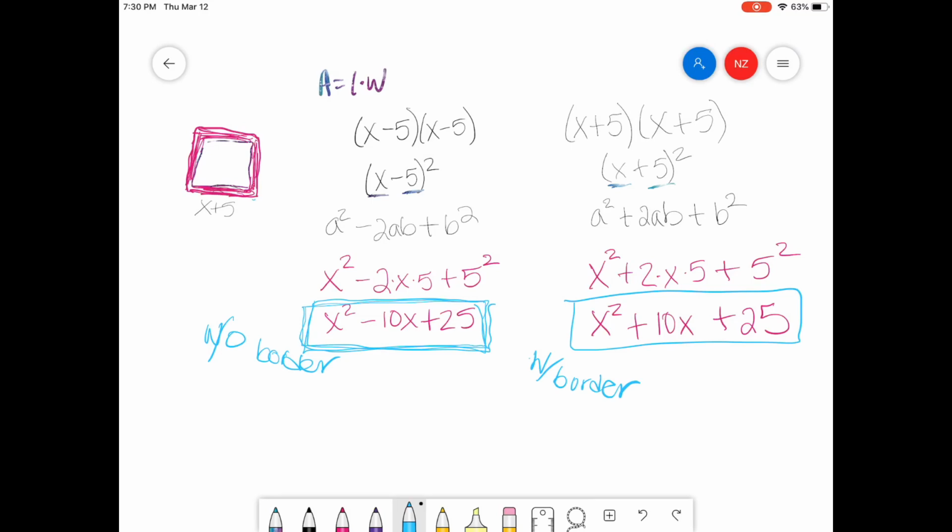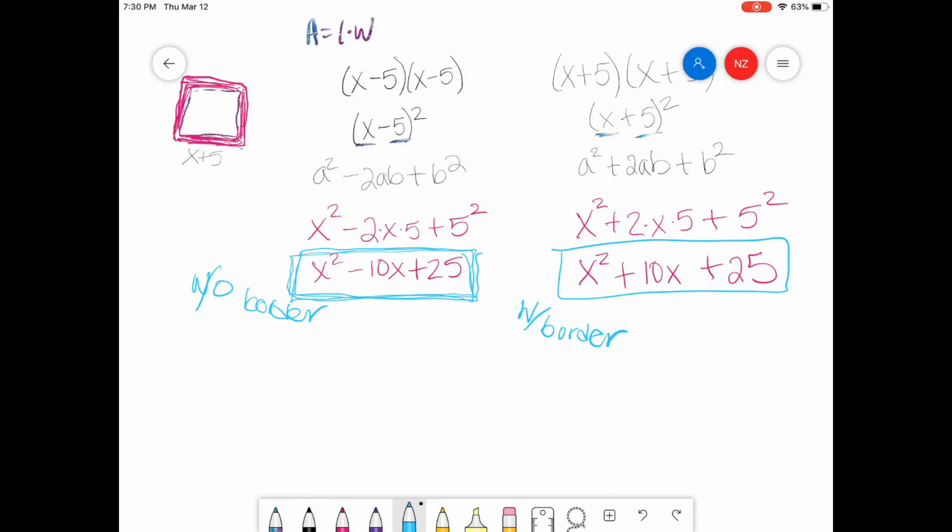Okay, so if I set this up here, we'll have the entire border and rug together is x squared plus 10x plus 25. That's the border and the rug. Take away just the original rug, so that's the space in the middle that's not shaded there, minus x squared minus 10x plus 25.